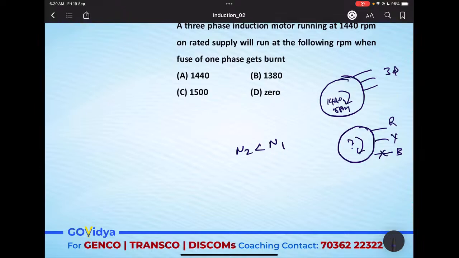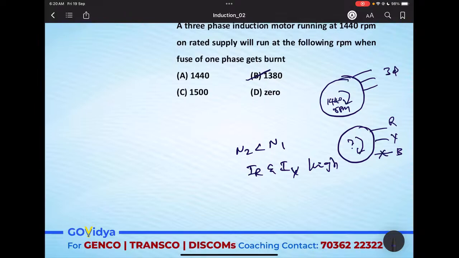Second condition, to balance the power, IR and IY will be high compared to the first condition. So let's see the given options. What are the nearby options? Option B, 1380. If one phase gets cut out, that condition is called single phasing.